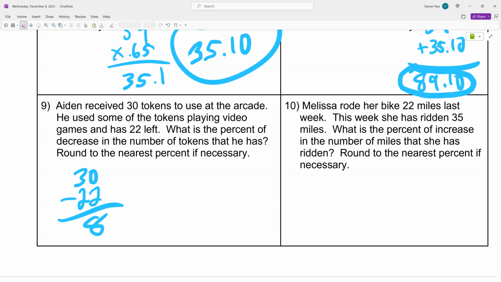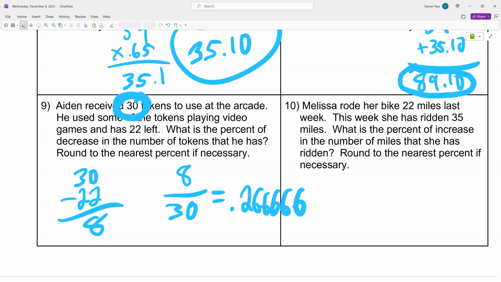Then we need to find the percentage of whatever the original number was, whatever we started with. It's not necessarily the bigger number or the smaller number, it's whatever number we started with. So 8 divided by 30 is 0.26 repeated, and we have to round to the nearest percent.